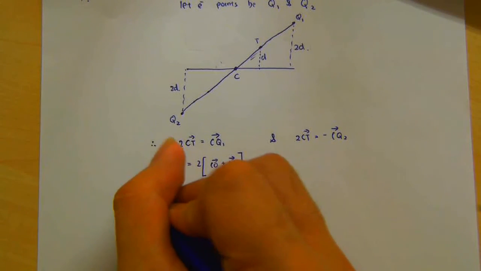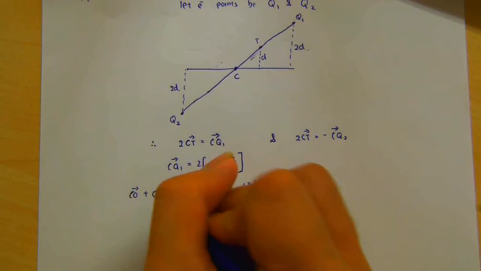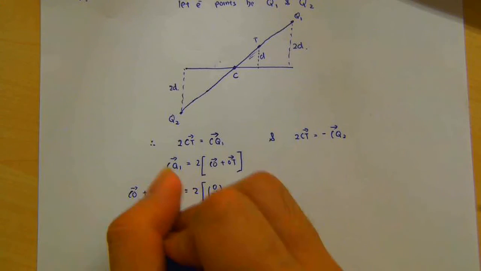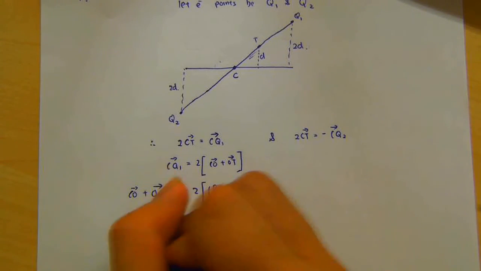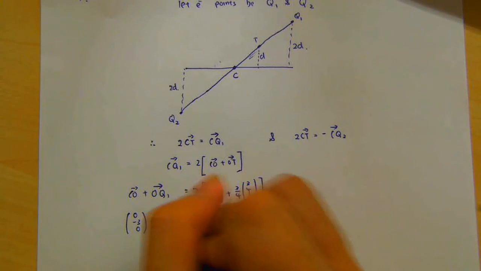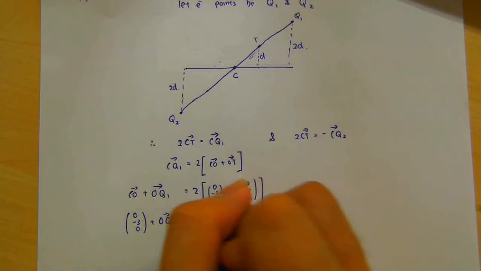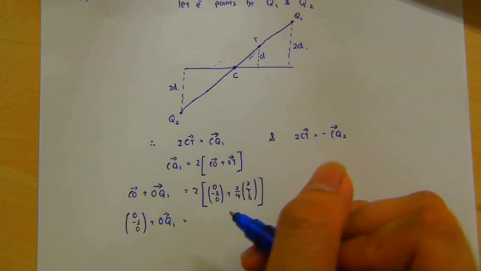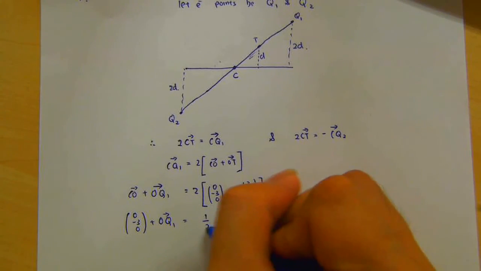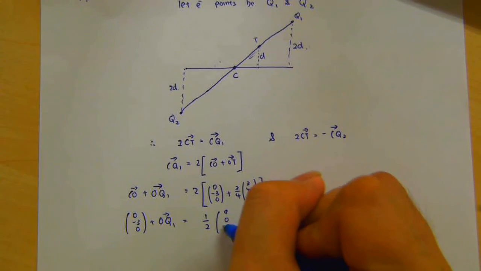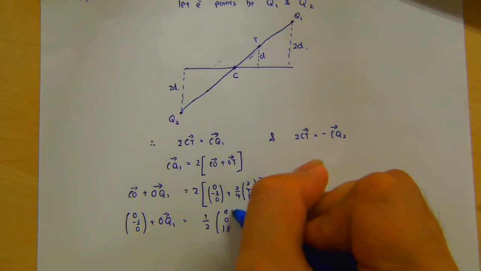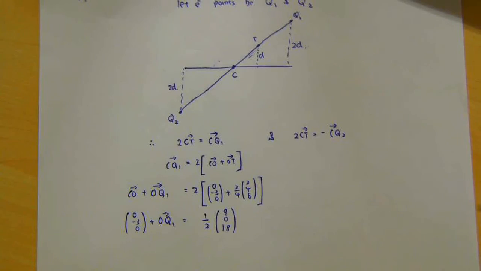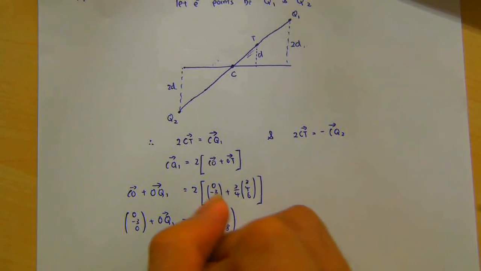Now left hand side, it is our CO plus OQ1. So CO is 0, minus 3, 0 plus OQ1, which is the one that we want to solve. Right hand side simplifies to half 9, 0, 18. So from here we can solve for our OQ1.